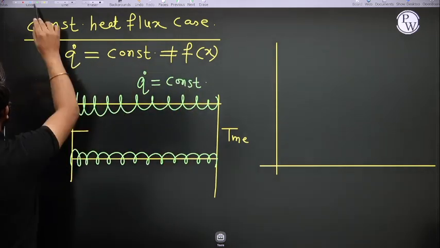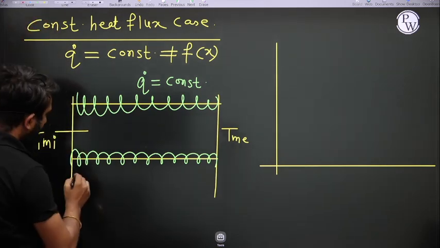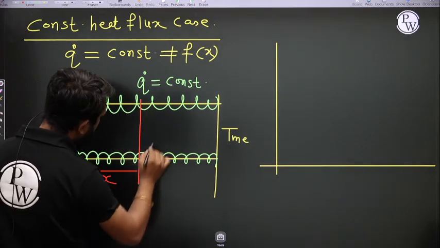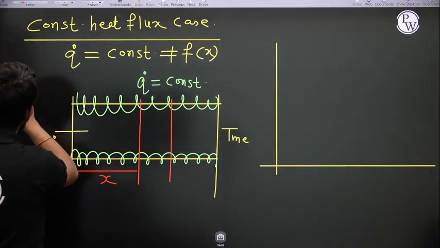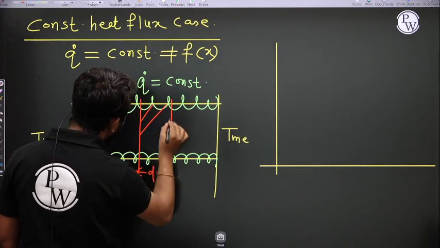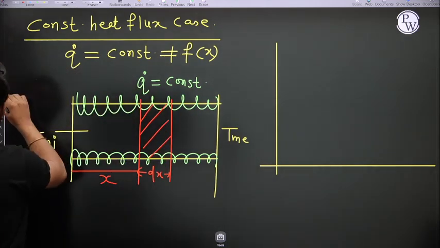Okay. So again, what I am doing here, I am taking a small element at a distance x from the inlet. So this is the dx, and this is a small element. So what is the heat transfer?